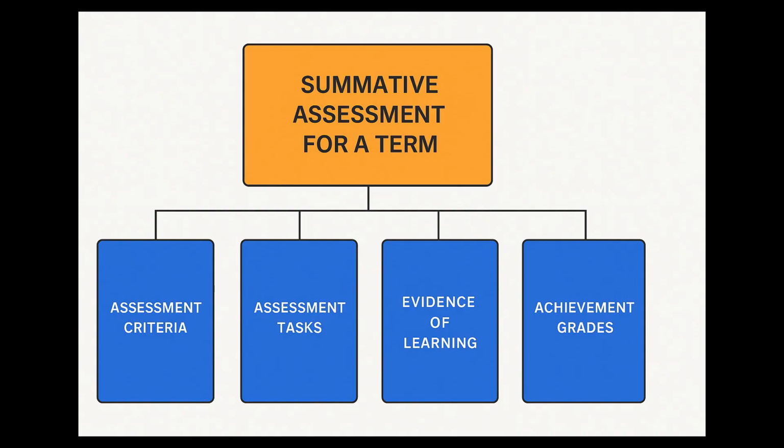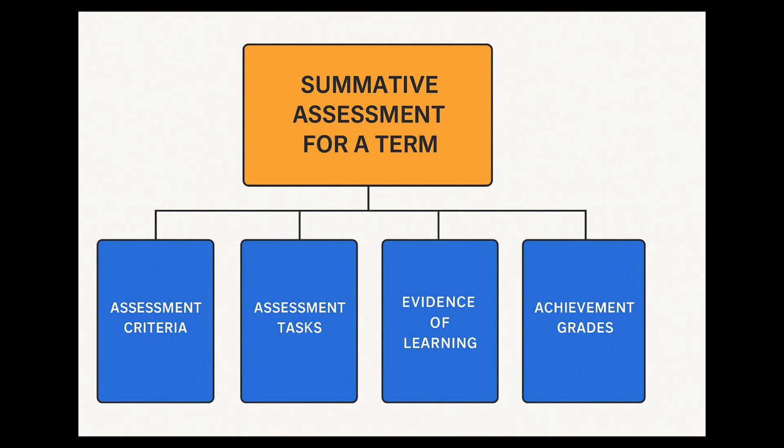Together, these four elements, criteria, tasks, evidence, and grades, form a unified system that makes summative assessment meaningful and reliable. The process helps teachers analyze class performance, identify learning trends, and plan future instruction. It also provides valuable feedback to students and parents about academic progress and areas for growth.